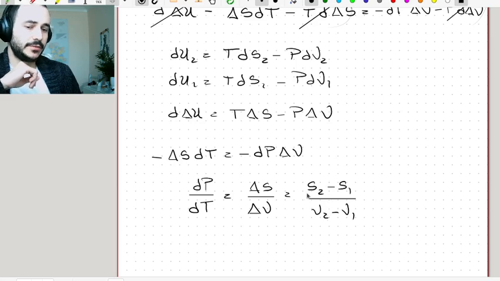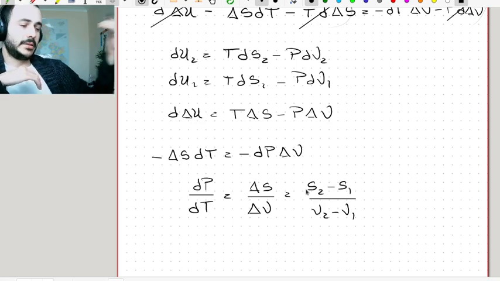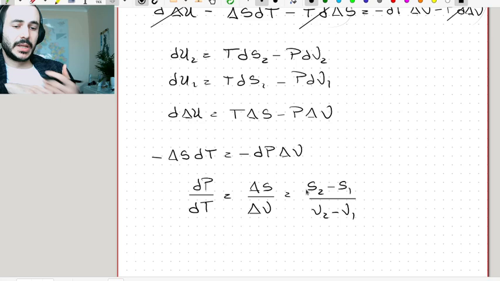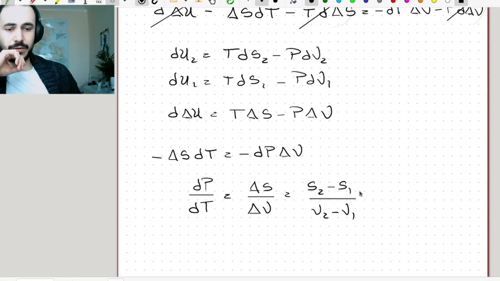So the finite difference of molar entropy of the gas and the liquid, and the molar volume of the gas phase and the liquid phase, which have a finite jump.